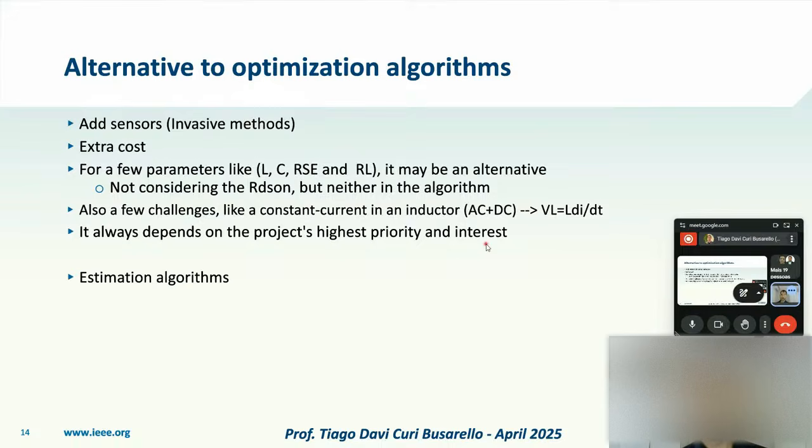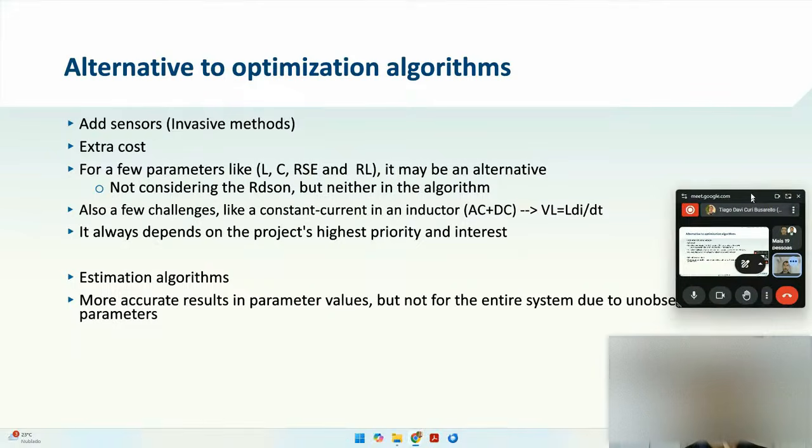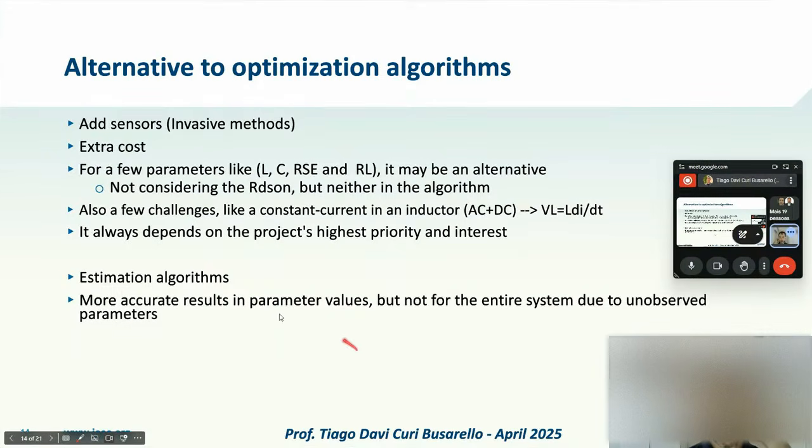It depends on what you have as the highest priority in your design, if it is low cost or if it is accuracy. Even in this case, adding sensors, we need to have estimation algorithms, but they are more accurate than the previous one, because we are going to estimate the internal values of MOSFETs, capacitance, and resistance much more accurately, because these algorithms are really confident.